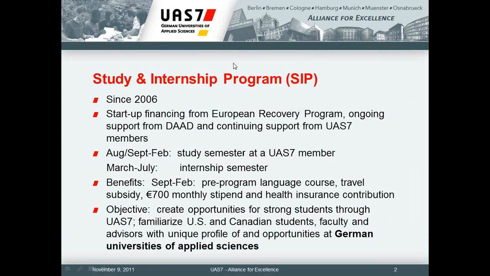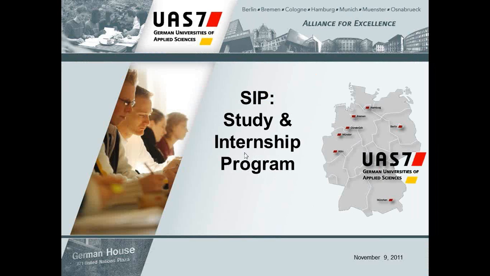You may notice that the organization is much more specific than the German Academic Exchange Service. The German Academic Exchange Service seeks to promote higher education in Germany, and UAS 7 seeks to promote specifically the opportunities that are available at German universities of applied sciences in general, and at its 7 member institutions in particular. You see the locations of these institutions on the map on the right.